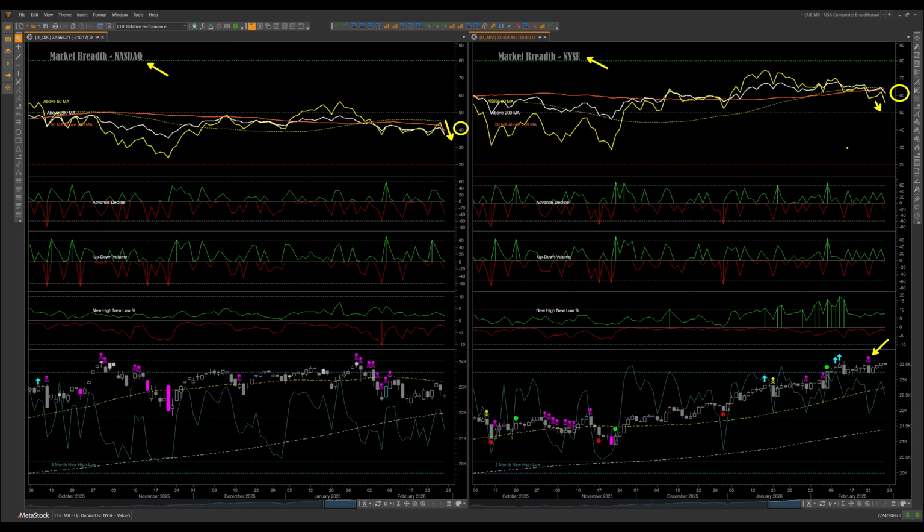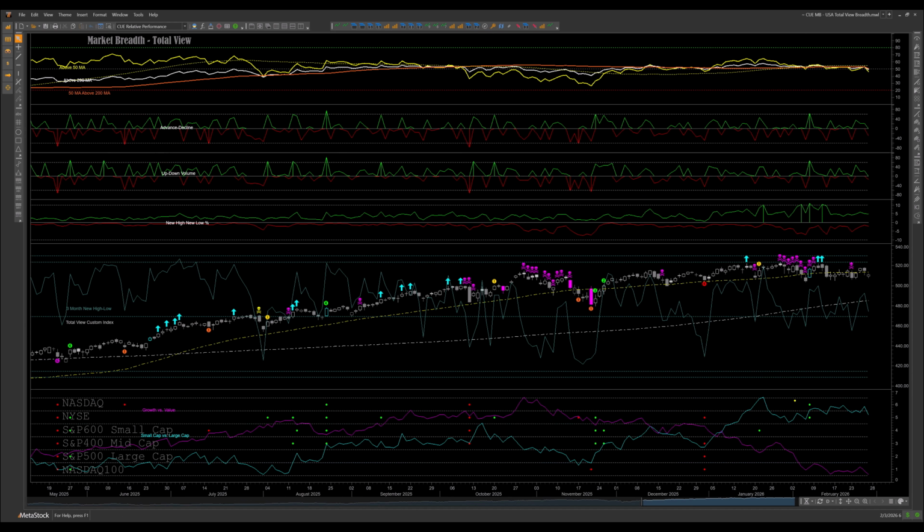Overall, this is not giving any clear picture. It's neither bullish nor bearish. What is outperforming? For that, let's go back to the total view chart. The cyan line, small cap versus large cap, is practically flat. Therefore, there is no preference between small cap and large cap. And for practical purposes, growth versus value is also looking flat.